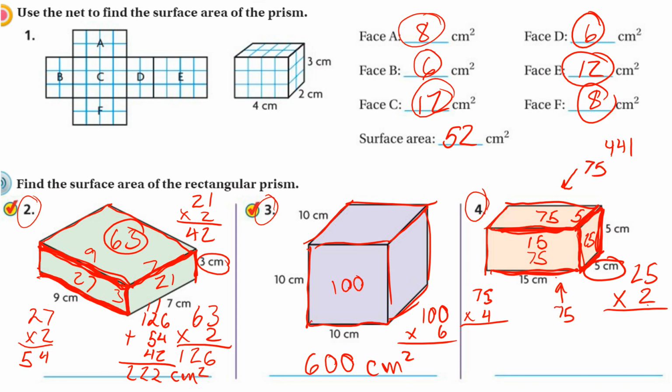So that's 4 75s total, so 75 times 4. Okay, 25 times 2 is 50. 4 times 5 is 20. 4 times 7 is 28, plus 2 is 30, so 300. And then plus 50, 350 centimeters, and it's still squared.